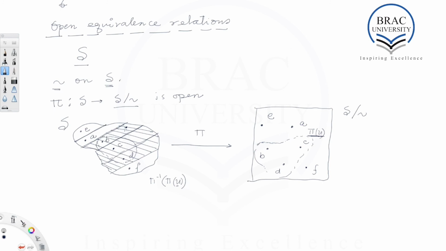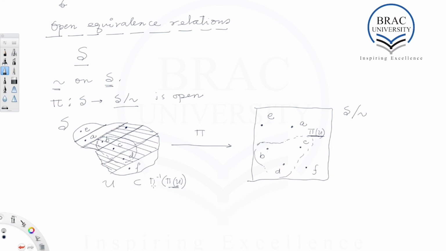Because this is projected to B, and hence we see that the pre-image of pi U in S is even bigger than U, right? And indeed, this is the case.